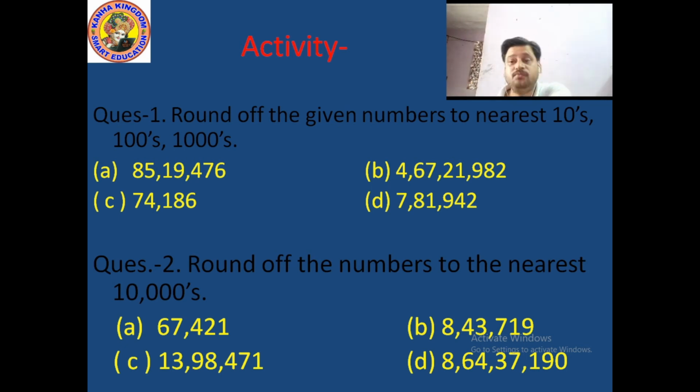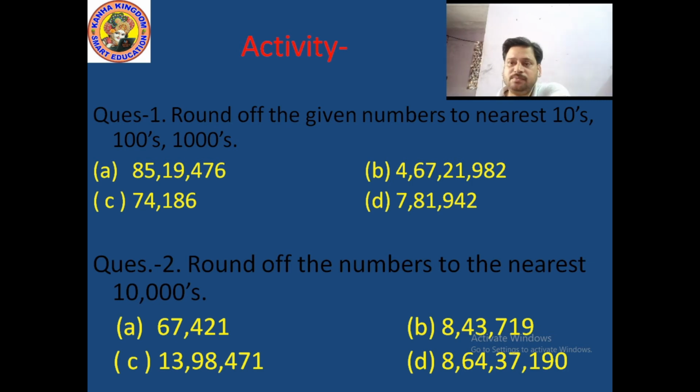But if 1's place is same as 5 or more than 5, then also you convert 1's digit into 0 and just add one more number in 10's place.